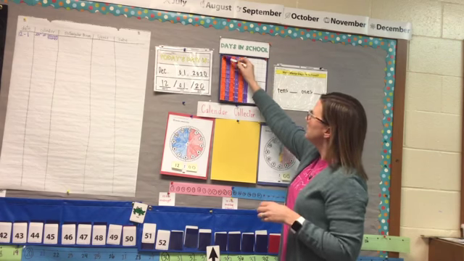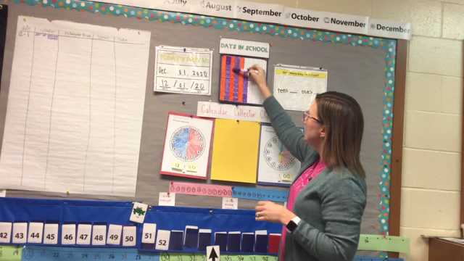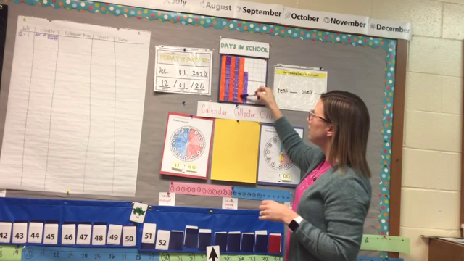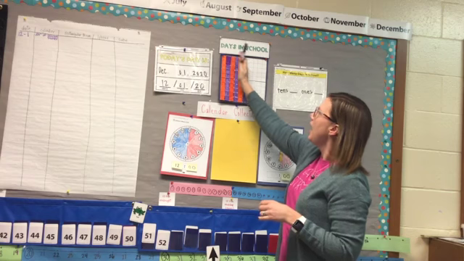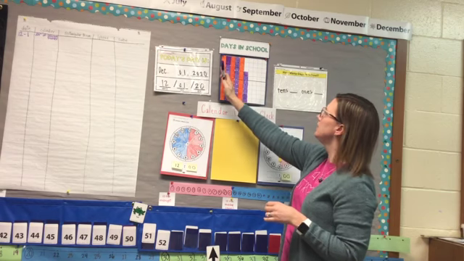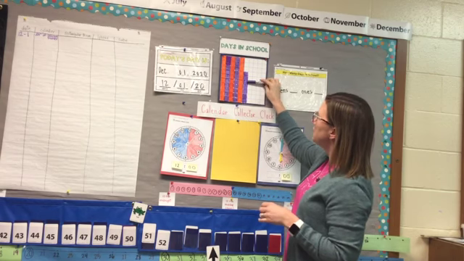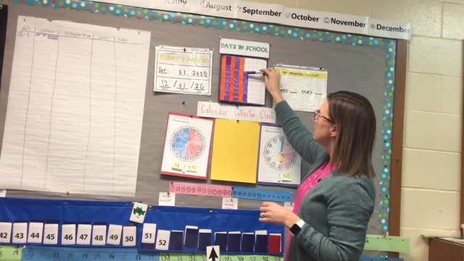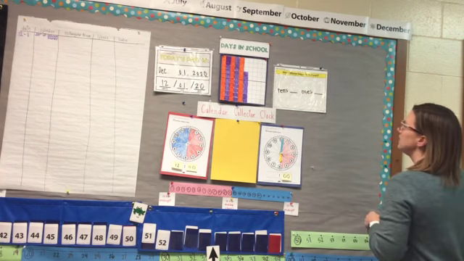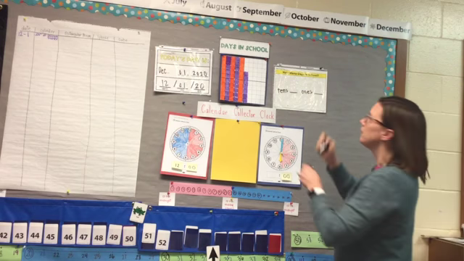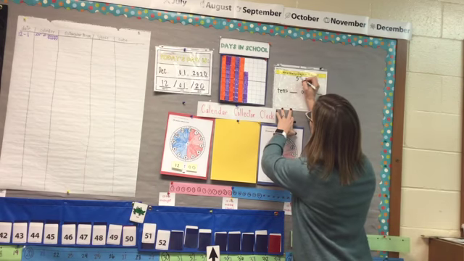And we can count 10, 20, 30, 40, 50, right? Half of our 100 chart is filled in. 50, 55, 56, 57. So we have been in school for 57 days.